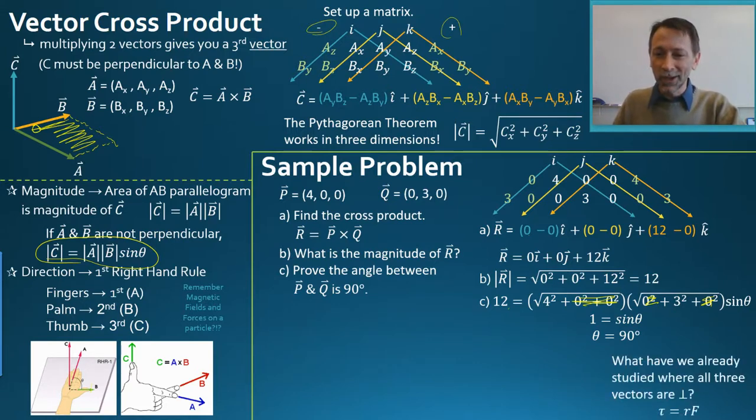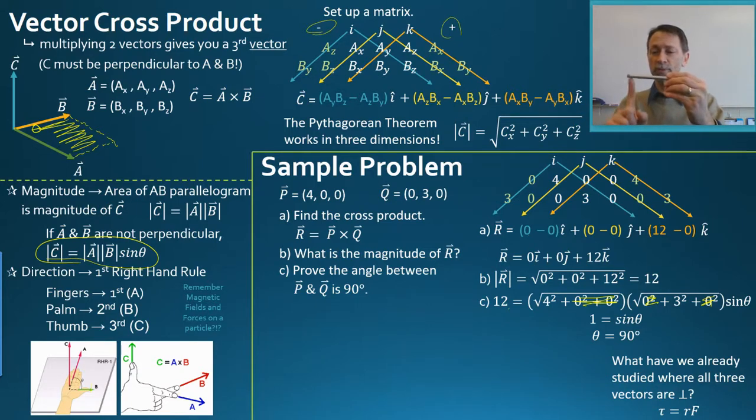Have we already studied this, where we have 3 vectors that are all perpendicular to each other? The cross product, which you didn't really know was a cross product at the time, is the product of 2 vectors multiplying together, and that's when we studied torque. We said that torque is a force times a radius.